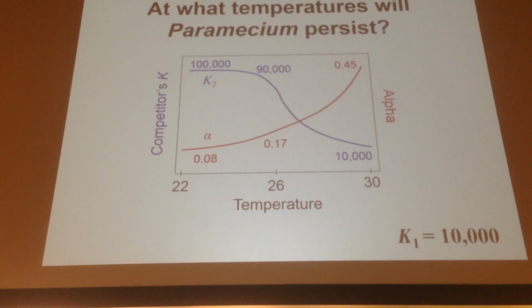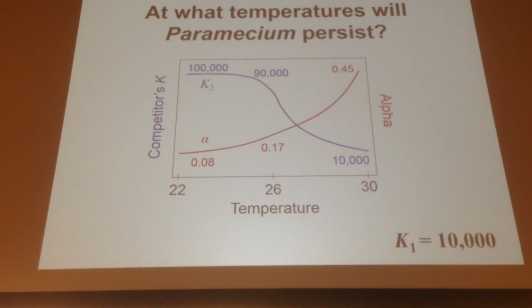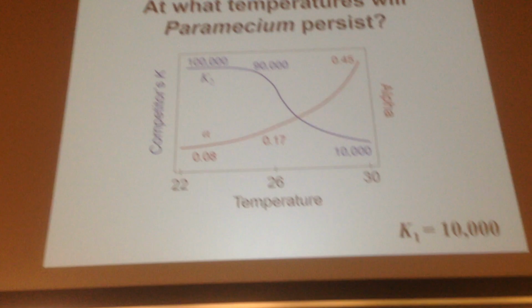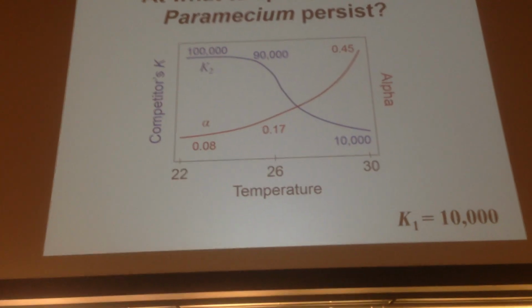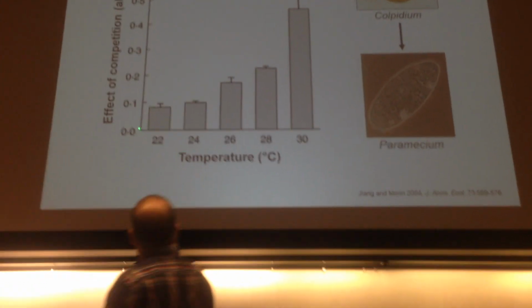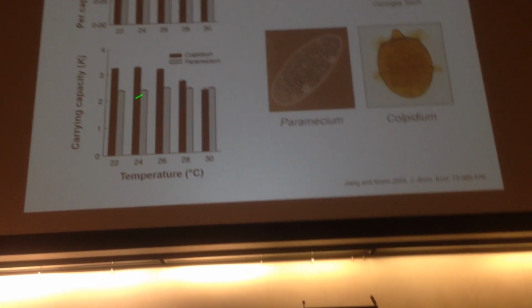Yeah, super question. If it's an inequality, how does K2 decrease when alpha increases? When I say it's increasing, I mean over temperature. So there's 3 temperatures. Remember, alpha's increasing. For one species, K is flat.